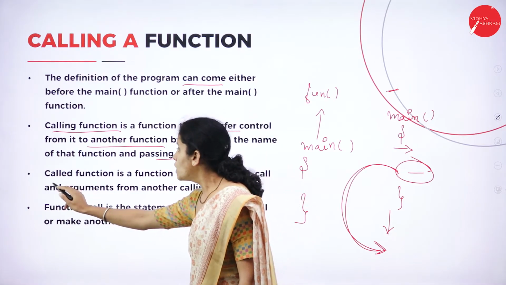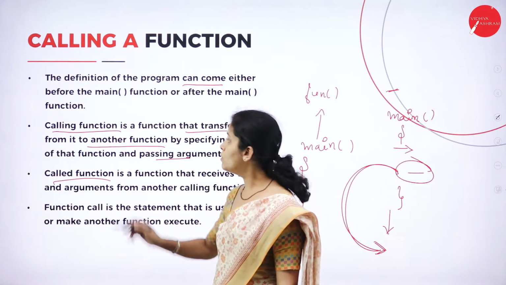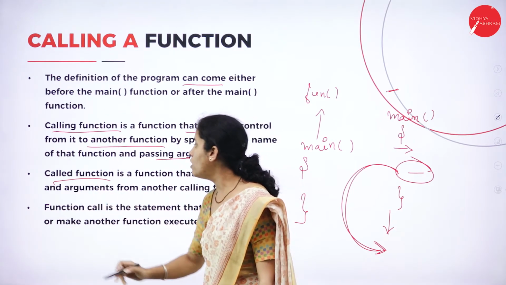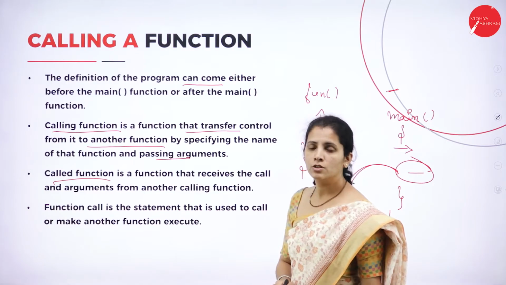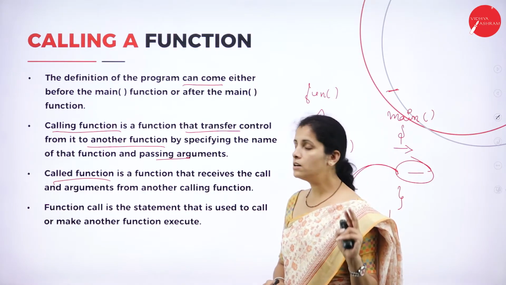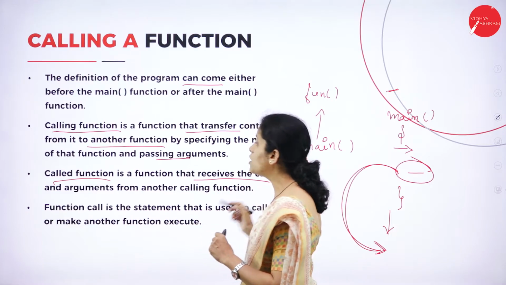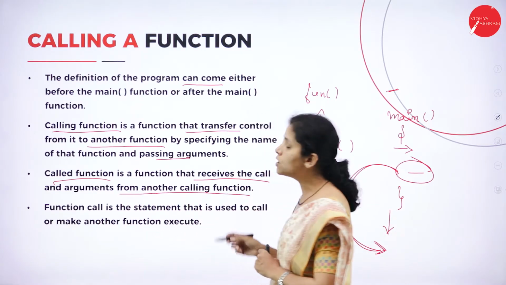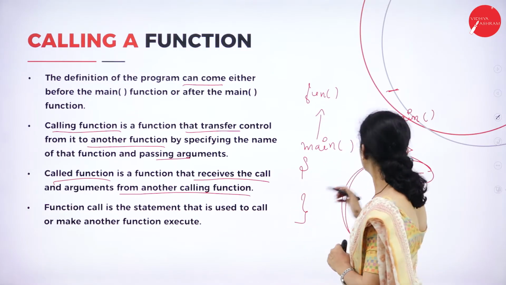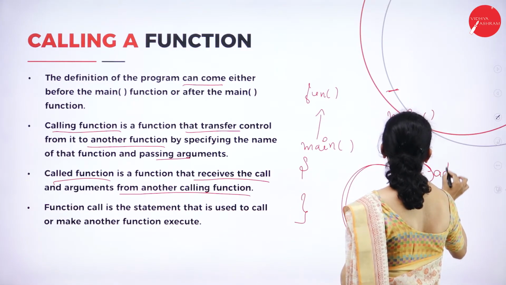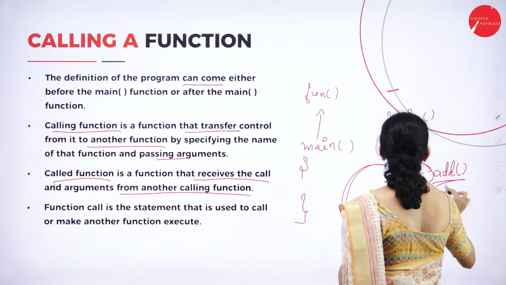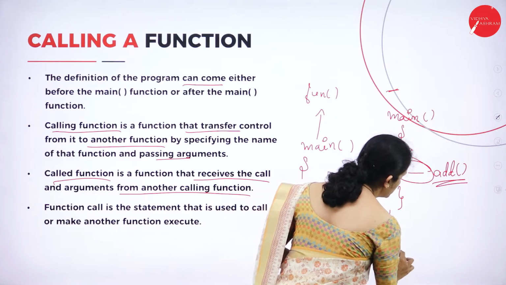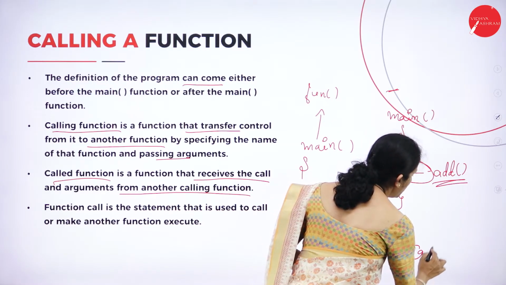Now, the called function. So, one is my calling function, that's nothing but the function call, and the called function is a function that receives the call as well as arguments from another calling function. So, here if I write add, this is my calling function, and when I call this function, the control transfers to the called function.